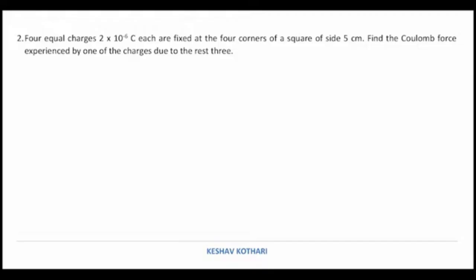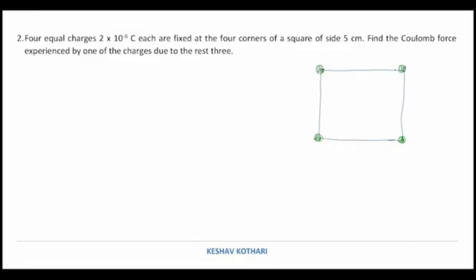So for this particular question, we begin by drawing a square arrangement which the question is talking about. So we consider a square like this. Now the charges are placed on the vertices of the square, like this.